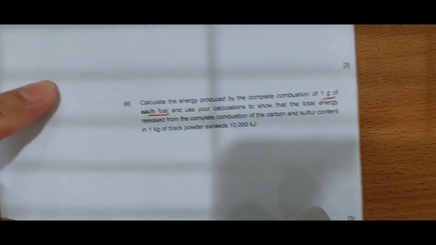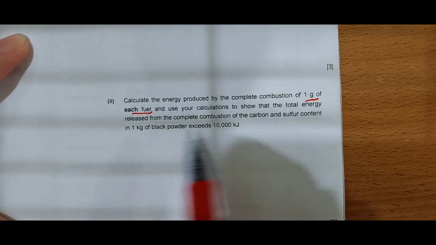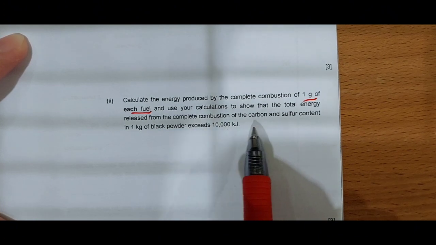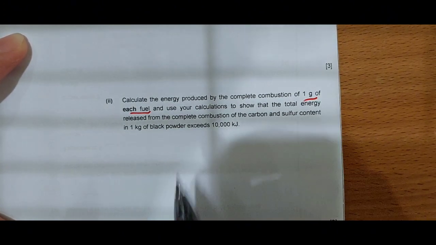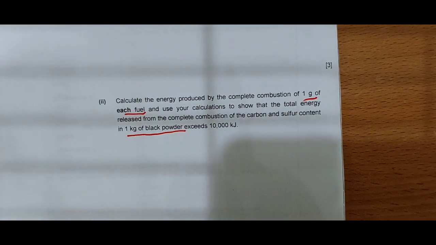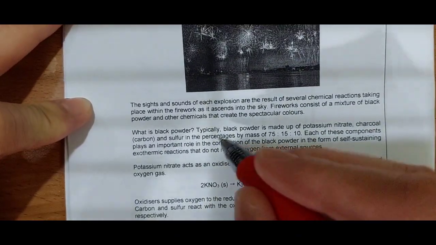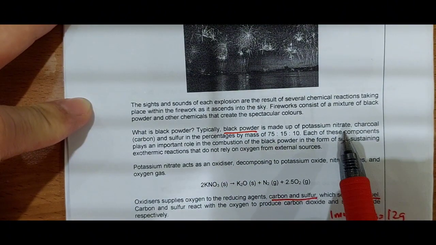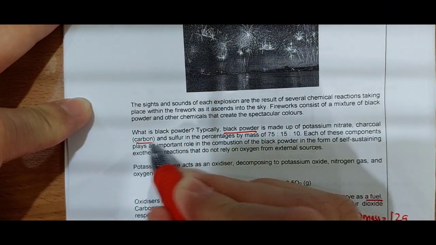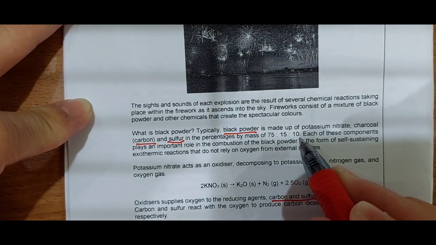Okay, complete combustion of 1 gram of each fuel. And use your calculations to show that the total energy released from the complete combustion of the carbon and sulfur content in 1 kilogram of black powder exceeds 10,000 kilojoule. Now what is this 1 kilogram of black powder? In the question, it gives you that black powder is made up of potassium nitrate, charcoal, which means it's carbon, and sulfur in the ratio of 75, 15, and 10.